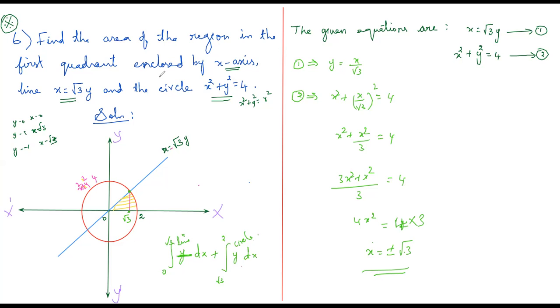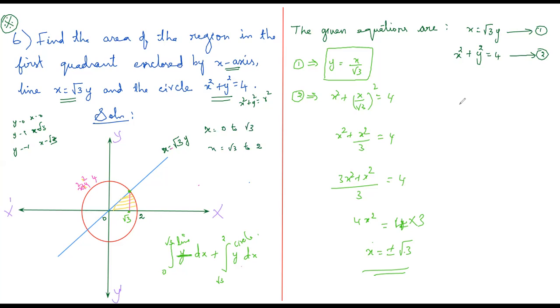First let us find y from the line: y is equal to x by root 3. And what is y from the circle? From x is equal to 0 to root 3, it is the line that bounds, and from root 3 to 2, it is the circle that bounds the region.